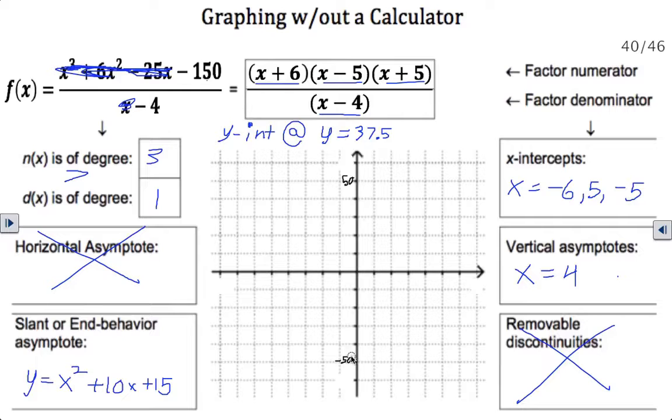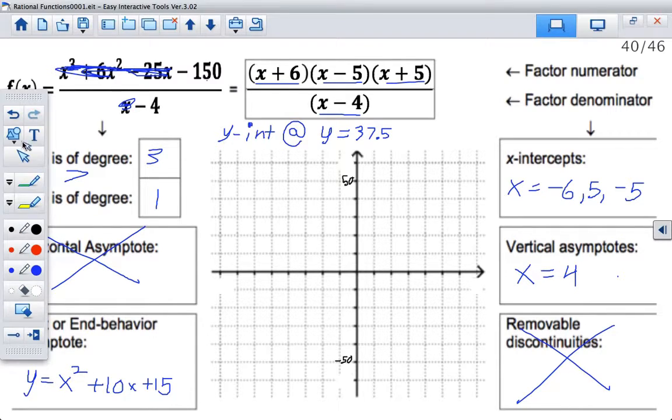So each of these tick marks has a scale of 10. Now my x-intercepts are at negative 6, 5, and negative 5. And my vertical asymptote is at 4. So these will actually probably work here.